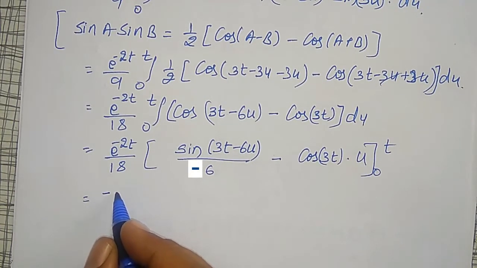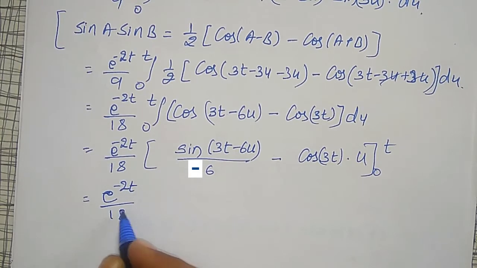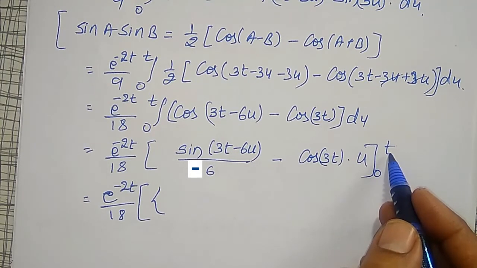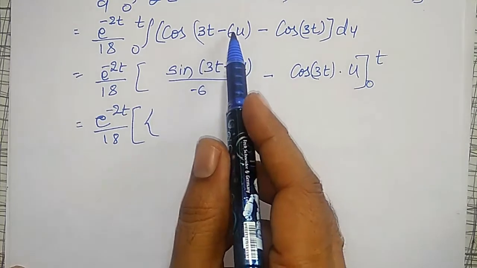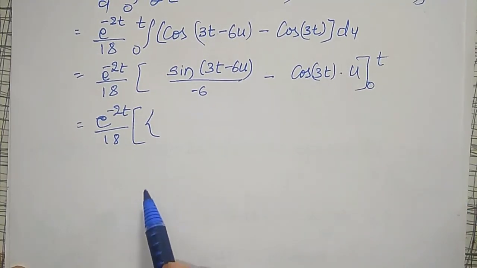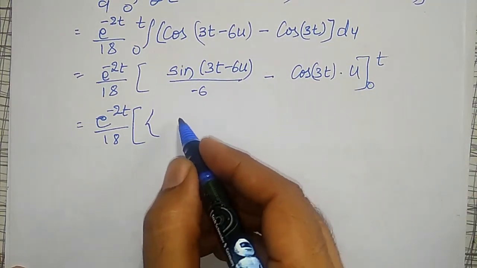Minus e to the power minus 2t divided by 18 into upper limit. I am substituting u equal to t. Okay, that will become, the coefficient of u is minus 6. Therefore upper limit and lower limit now. Upper limit is what I am substituting here, t now.